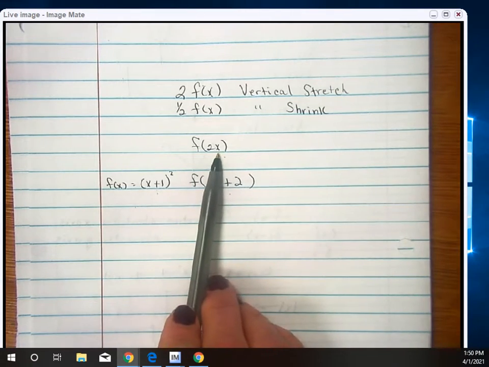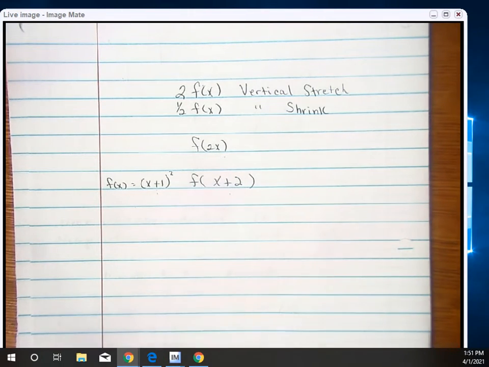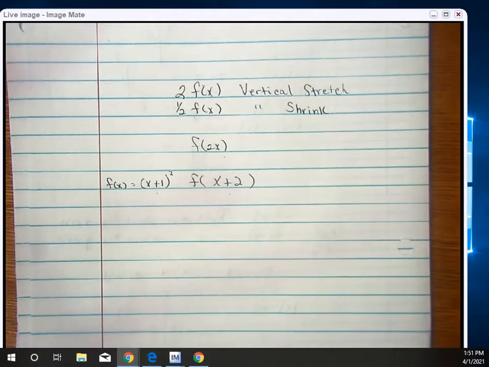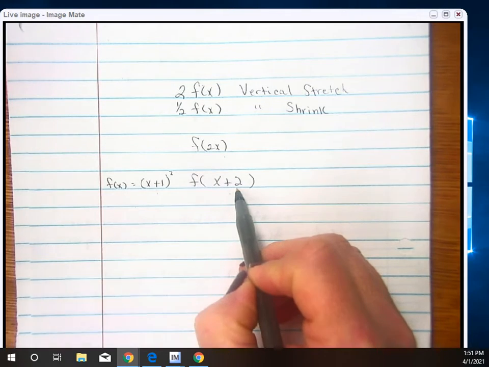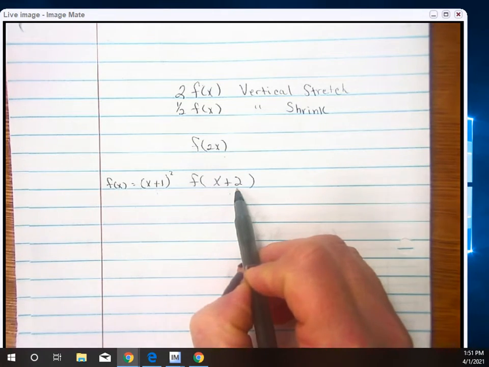So if you have 2 times the x inside the function, what happens to your graph? It doesn't double. It divides, it halves it, because it's the opposite operation. Because if you are adding, you go left. If you're negative, you go right.